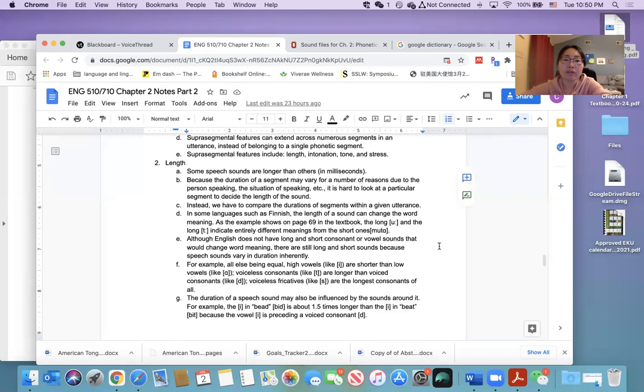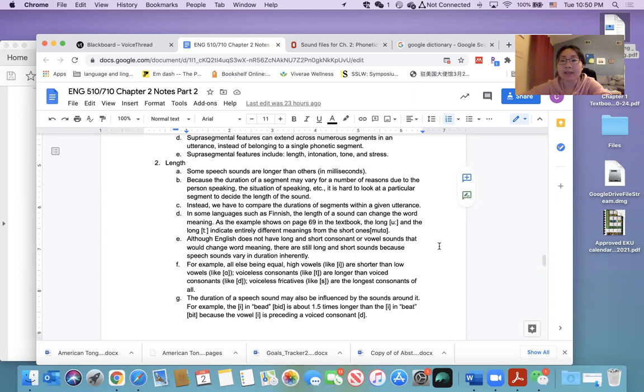Because the duration of a segment may vary for a number of reasons, due to the person speaking, the situation of speaking, etc., it's very hard to look at a particular segment to decide the length of the sound. Instead, we have to compare the durations of segments within a given utterance.